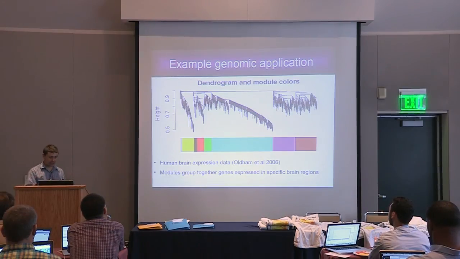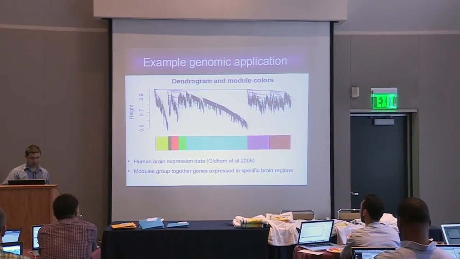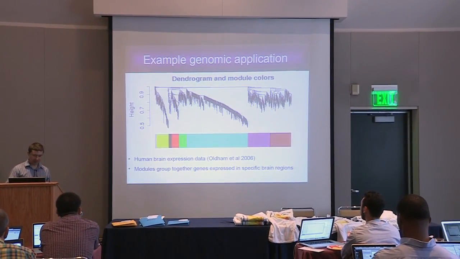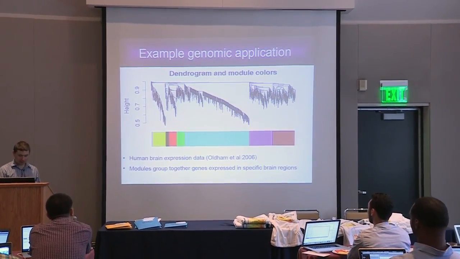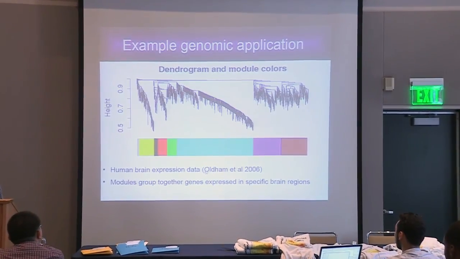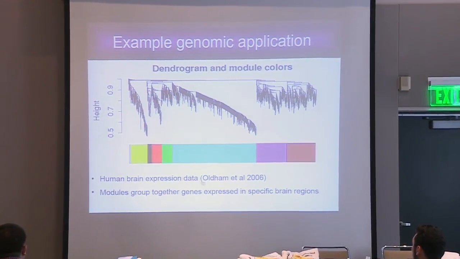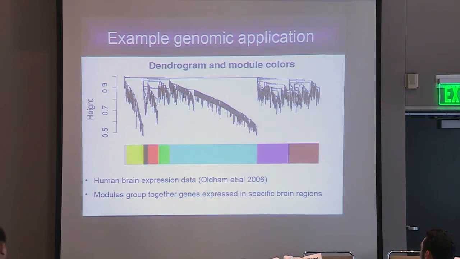Despite that, it's been successfully used in genomic applications and in WGCNA. So here is an example. The data that this dendrogram was created from are human brain expression data. They were analyzed this way by Mike Oldham and collaborators in 2006, but the data are from earlier works.